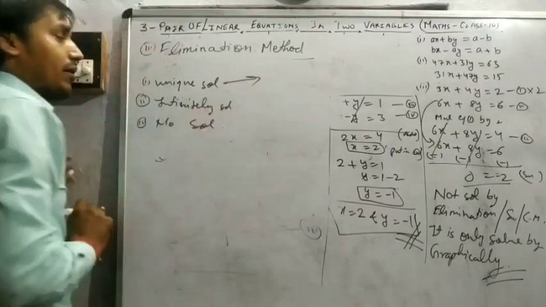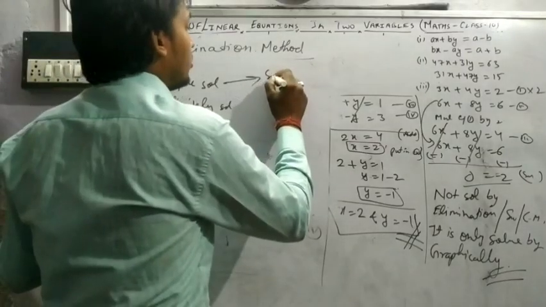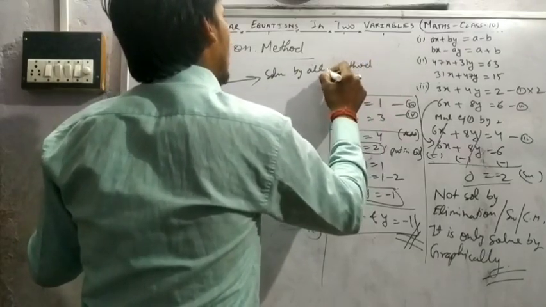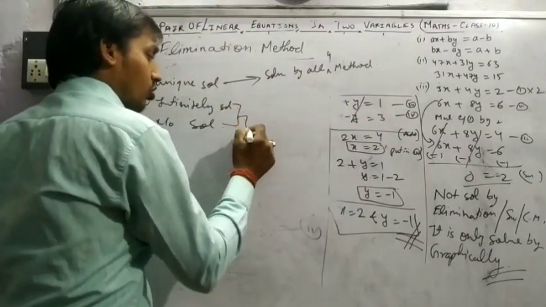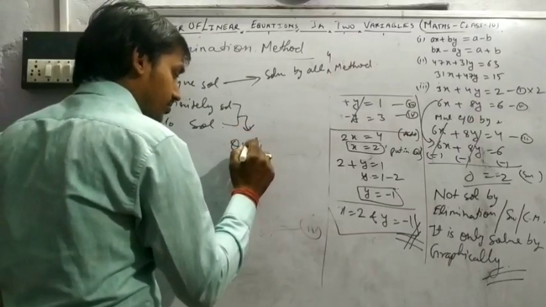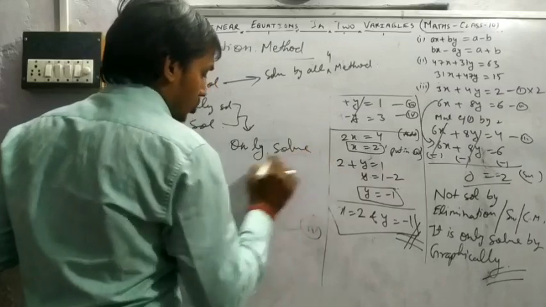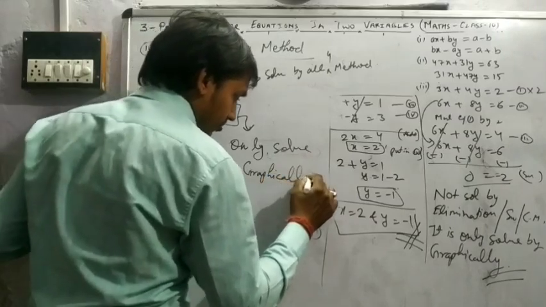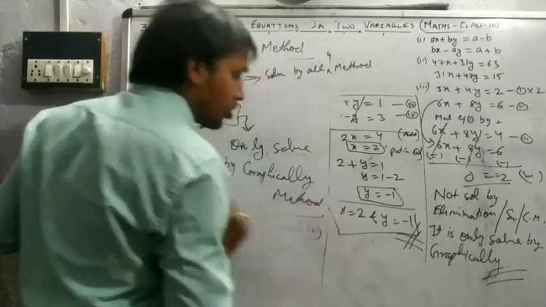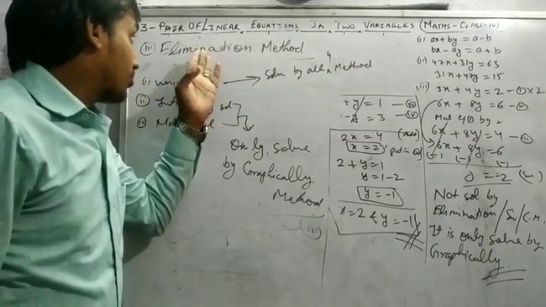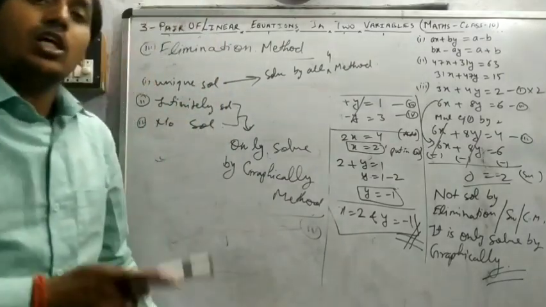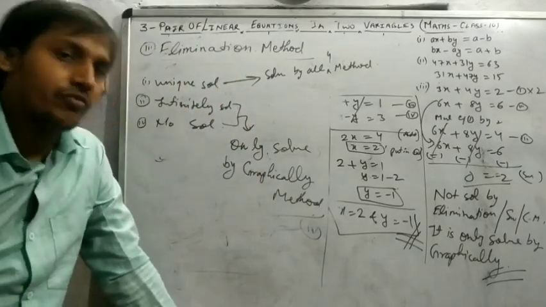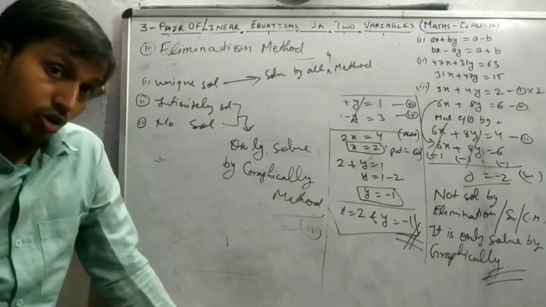So for the unique type, the equation is solved by all 4 methods, but these 2 are only solved by the graphical method. It means the substitution method, elimination method and cross multiplication method are solved only for the unique type of solution. They do not solve the question when it says infinitely many solutions or no solution.